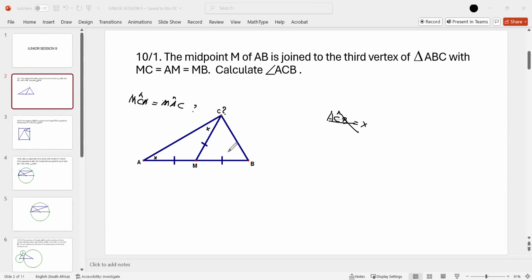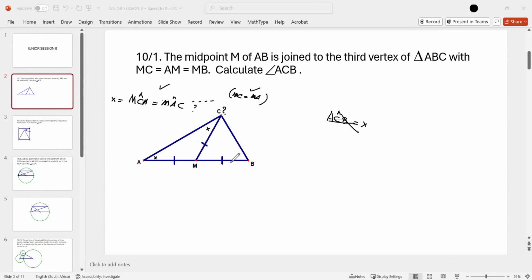Of course, if you do write it like that, then you have to give a reason, and the reason is that MC is equal to MA. Maybe that's one of the reasons why they use this complicated notation, because you can't just say X equals X. You have to say exactly which angle you're referring to. So we can say X equals X, and the reason in brackets is that MC equals MA. That's why these angles are equal. You must give a reason because they give you a mark for that. If you don't give a reason, you lose a mark.